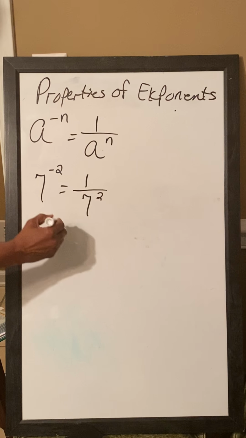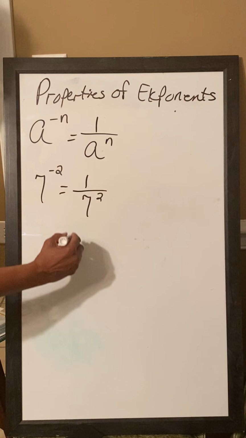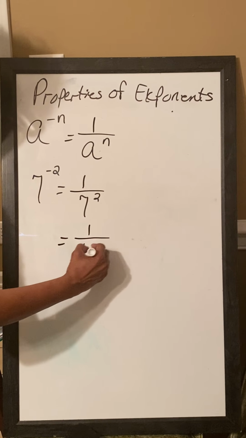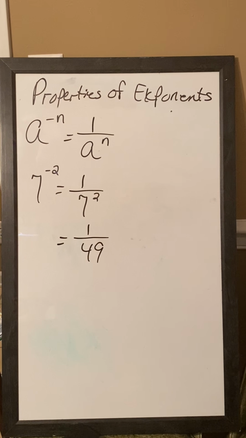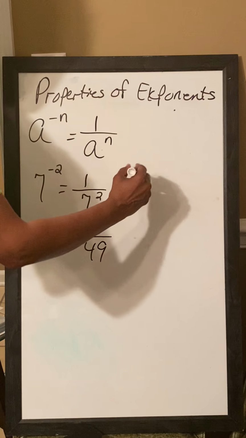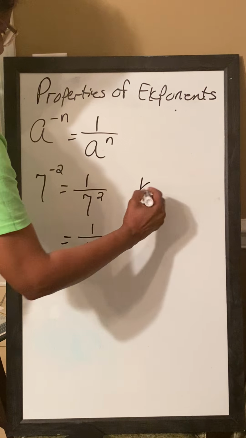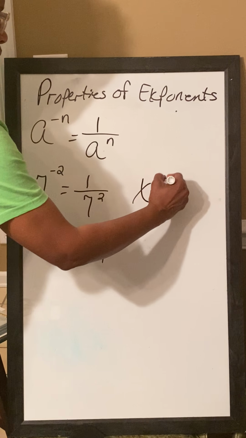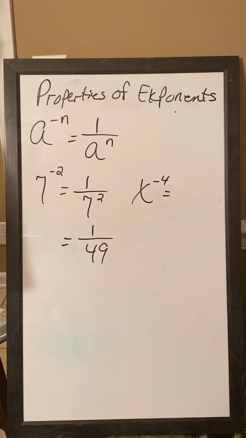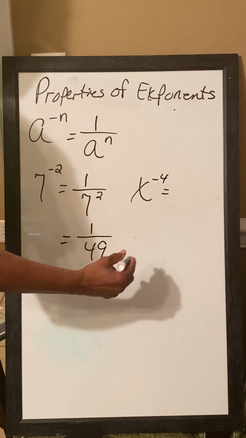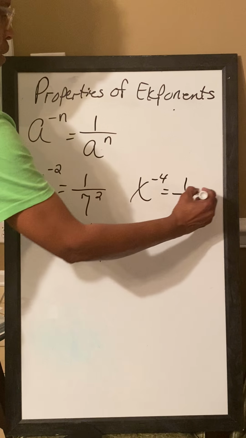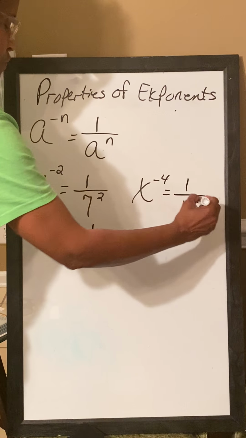And all of us know what 7 to the 2nd is. That's 7 times 7, so that is 1/49th as an answer. If I had x raised to the negative 4, I'm going to rewrite that to make this exponent positive. It becomes 1 over x to the 4th power.